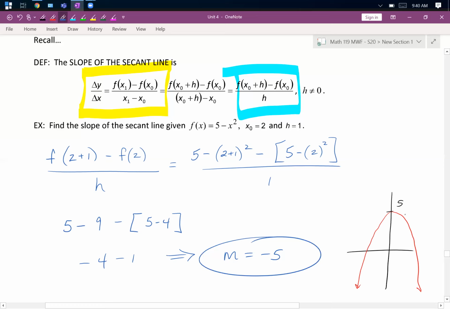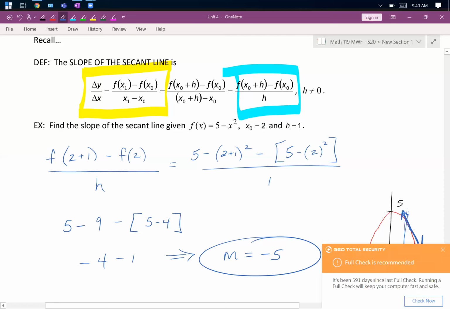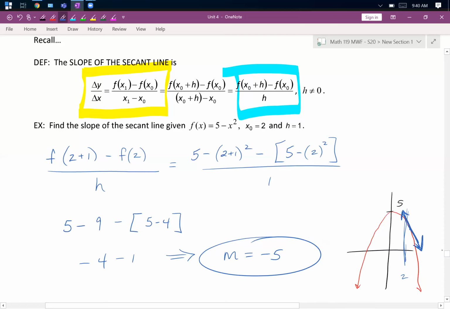If we look at 2, it makes sense that we're getting a negative answer. So I just like to give you a visual representation that this answer definitely makes sense for us.